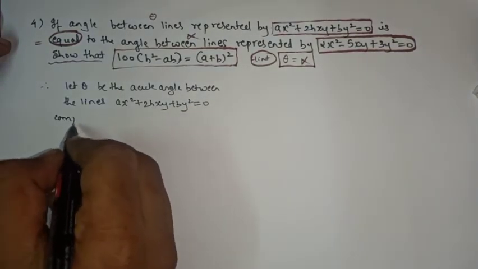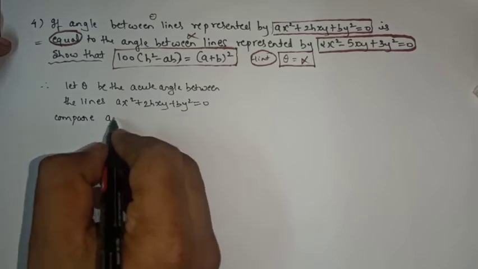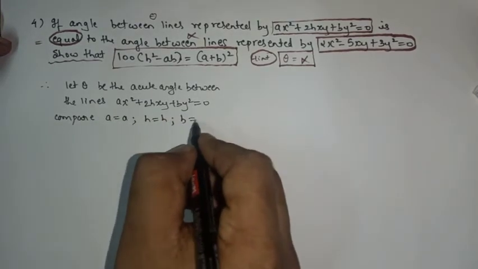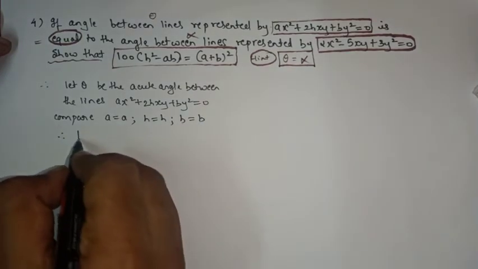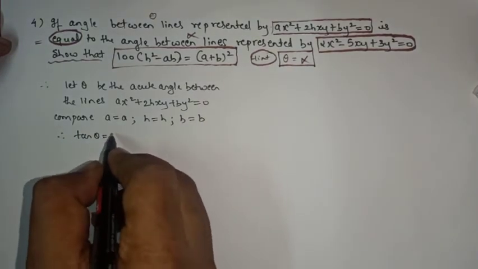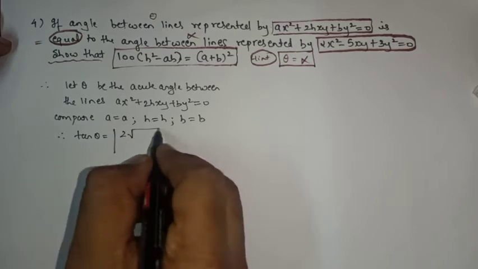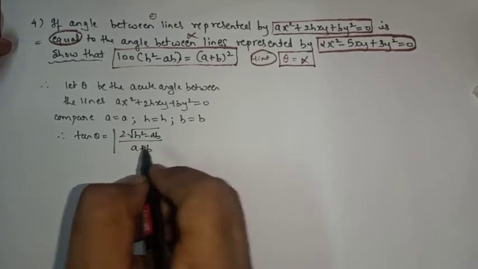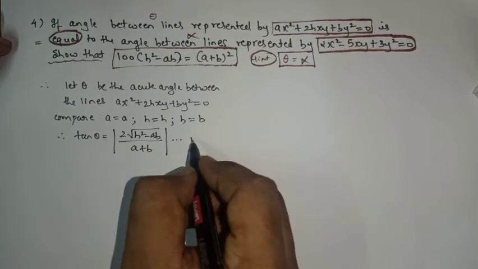When you compare, you will get the value of a as a, h as h, and b as b. So therefore tan theta will be equal to, the formula will remain the same. We'll give this as equation number 1.